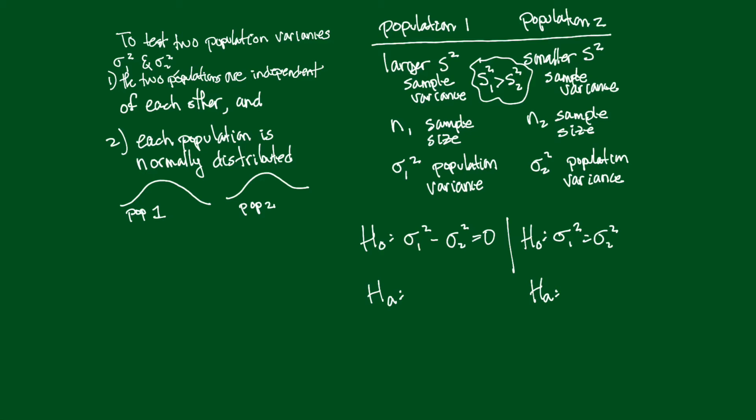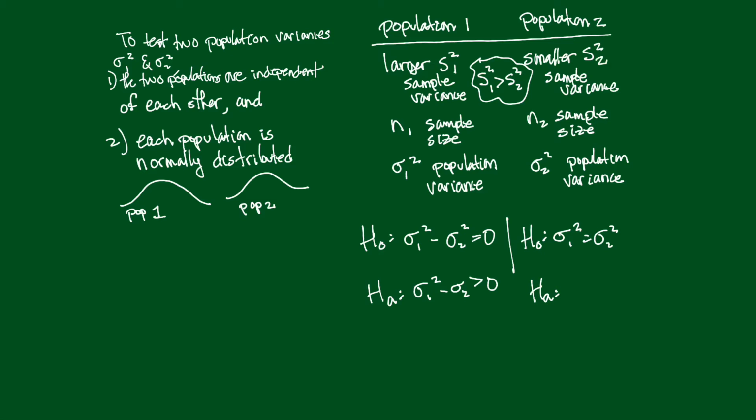All right, so what I'm going to write here then is that sigma 1 squared minus sigma 2 squared would be greater than 0, right? Because we're assuming that S1 is bigger than S2, right? So this is the bigger one here. In fact, let me put a 1 up here and a 2 up here.